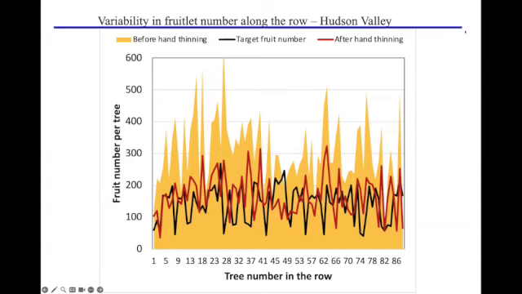If you look right here at these trees, say 43 or 4 or 5, they should have been up at the black line, and we thinned them down to the red line. And then these trees around 62, we should have thinned to the black line, and they ended up with more fruits than we should have. So these are some initial efforts at trying to take this last step of precision hand thinning.